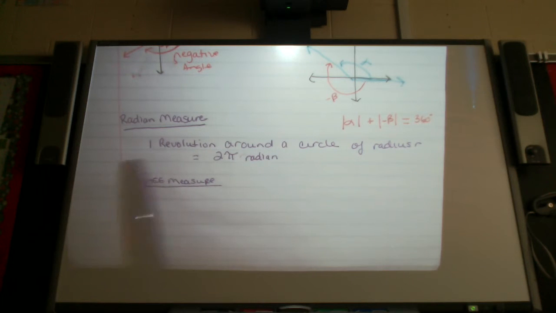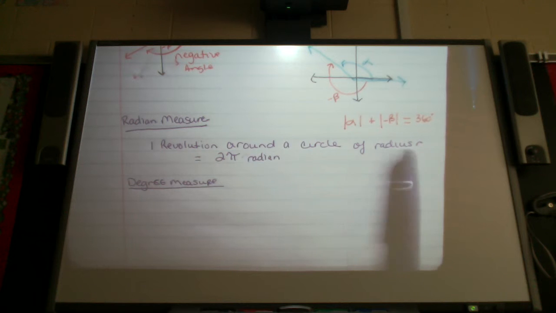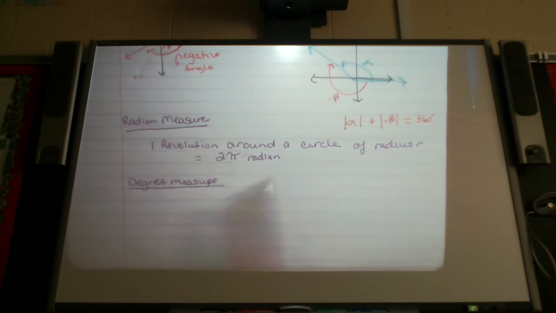Well, if one revolution around a circle of radius r has 2 pi radians, what is the degree of one revolution?